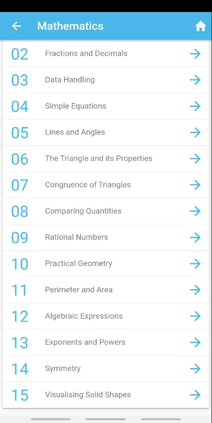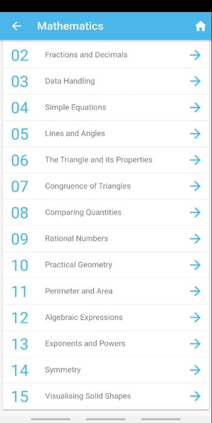Then moving to chapter 14, again it is similar to class 6, symmetry, in which we will see the similarities of 3D shapes with symmetry. Then last, visualizing solid shapes, in which we will see the configuration of 3D figures.